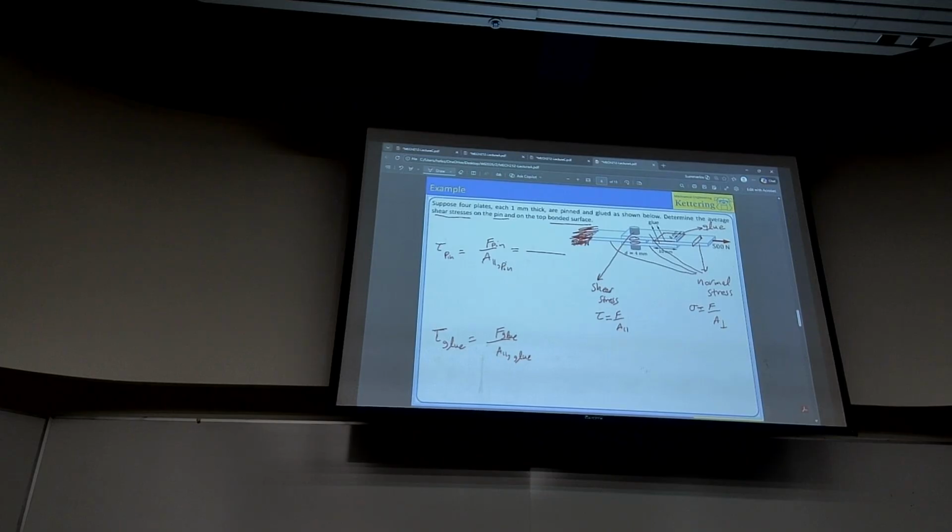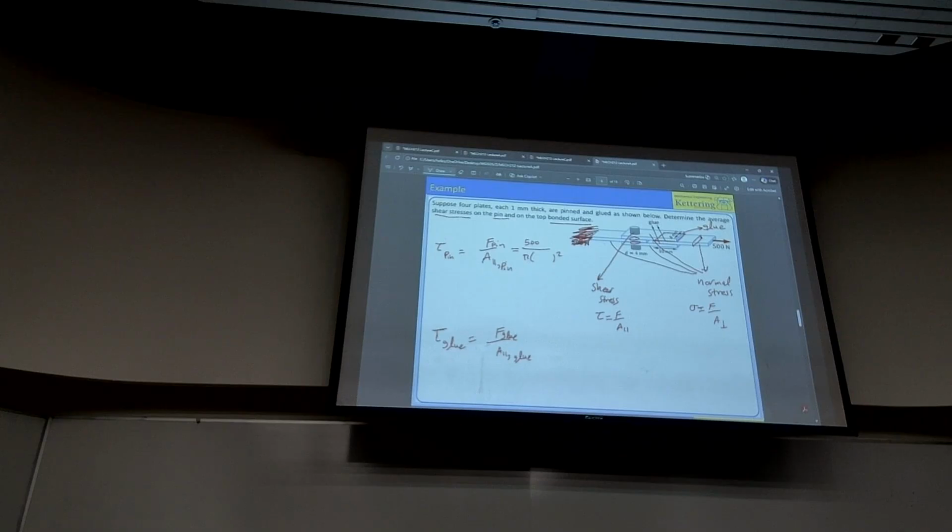So let's see why. If the force is 500 here, what do you think the force on this is? The same. All right, let's put 500. Then what's the equation for area of the pin? Look at the cross section, circular. Pi r squared. Give me the radius, please.